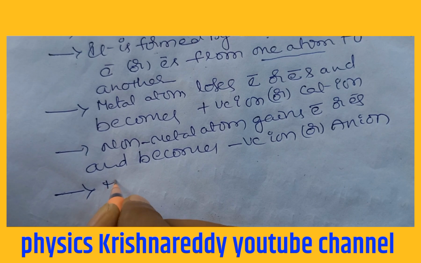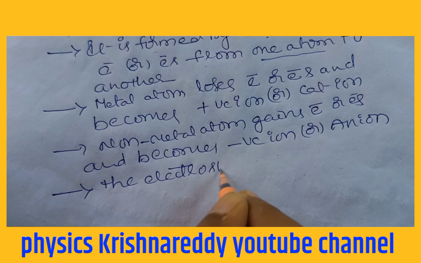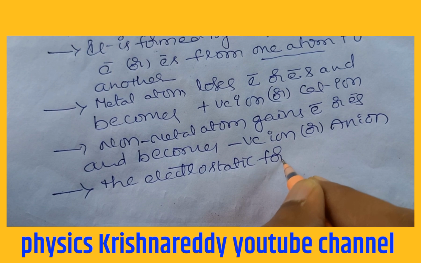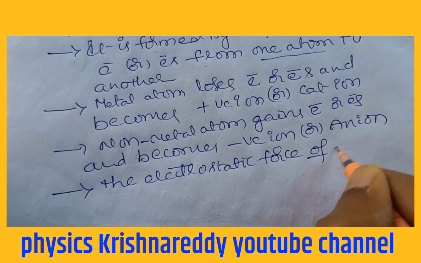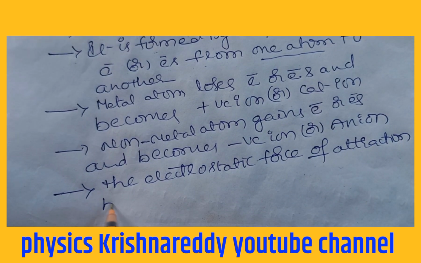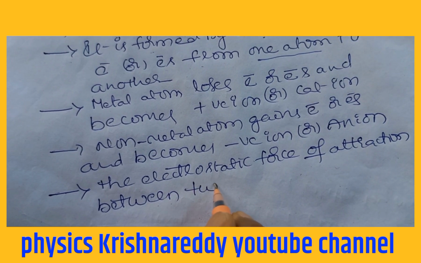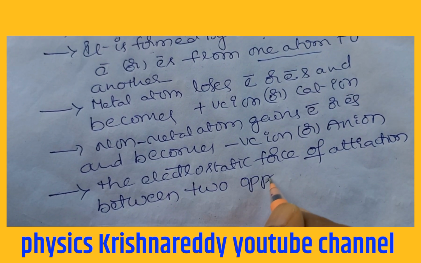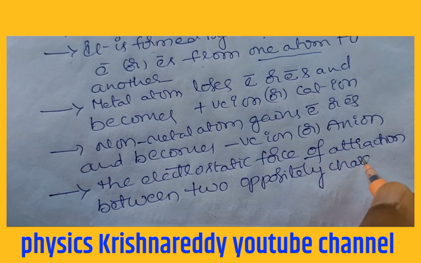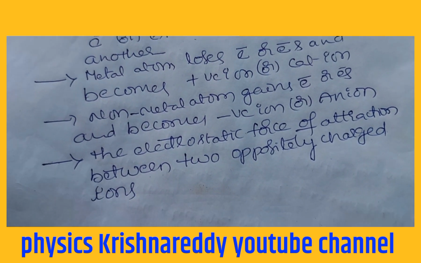So the electrostatic force of attraction between two oppositely charged ions, oppositely charged ion means one is a positive ion, another one is a negative ion.